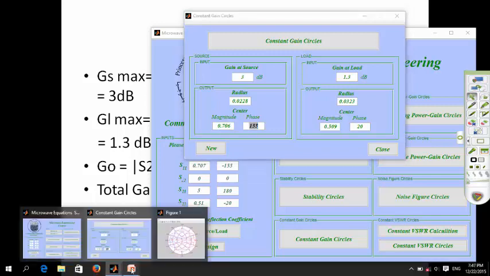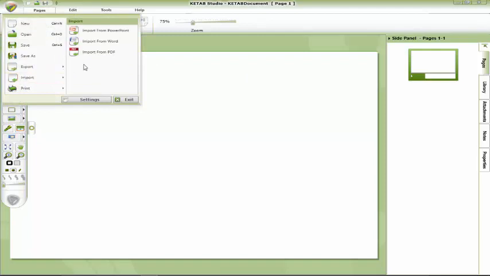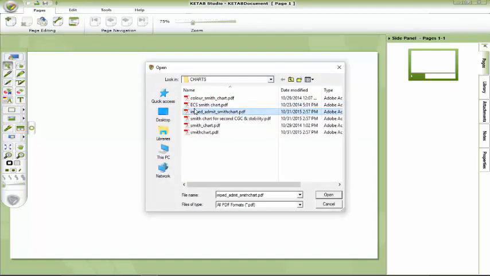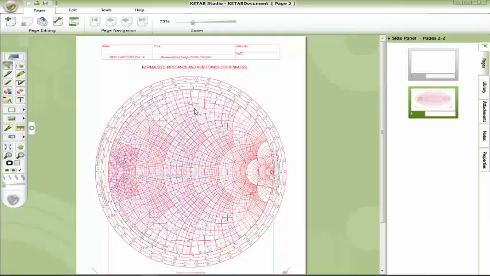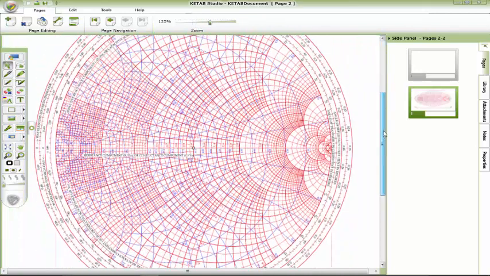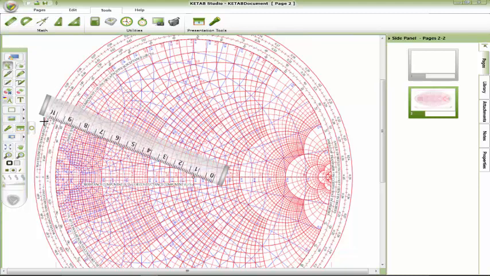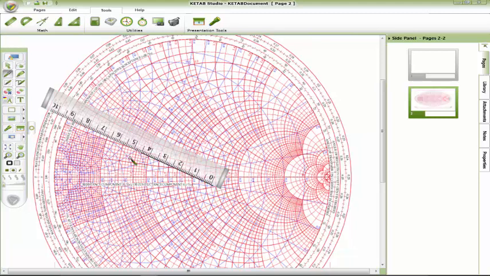So we want to go to Kitab and import the Smith chart, and start to draw a line to 155 from the origin, with the pen, like this.